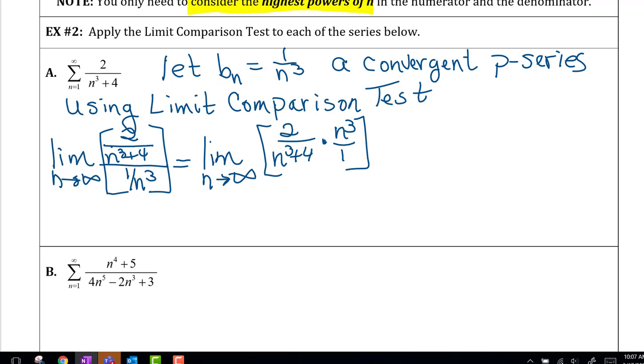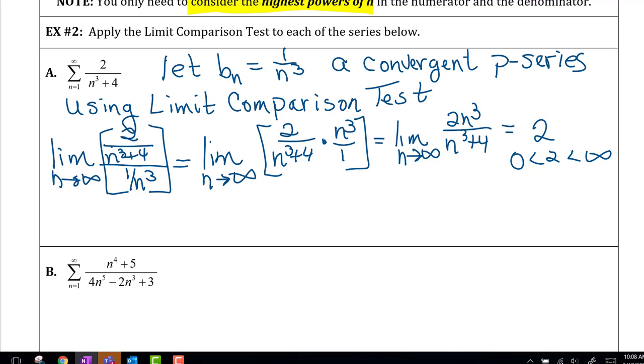So when I do this, what I get is the limit as n approaches infinity. The nice thing about a lot of these is you can use your horizontal asymptote tests to determine this. So you can see that that's going to equal 2, and you want to note here that 2 is definitely greater than 0 but less than infinity.